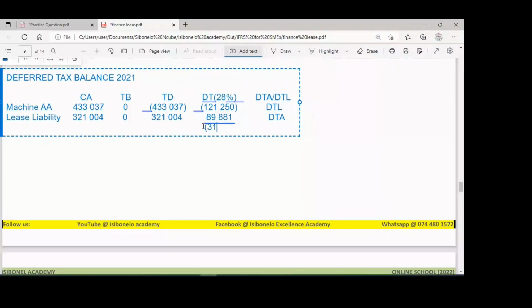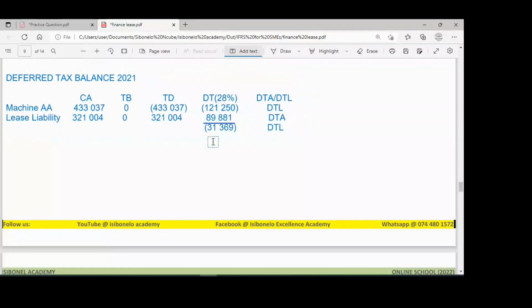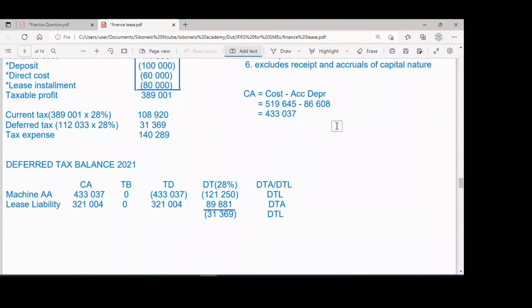So angisho yabona ukuthi ama liabilities are greater than ama assets, okusho ukuthi still le balance isayini DTL, so we still have the deferred tax liability balance. So lo 31 angisho yabona ukuthi kusawuye lo esimthole kwi computation, so kumele correspond into yakho la. So nangu yalo 31,369 simtholile kwi computation. Uma sesenza ke the statement of financial position method to account for deferred tax, again isaphuma. Kuyabonakala?